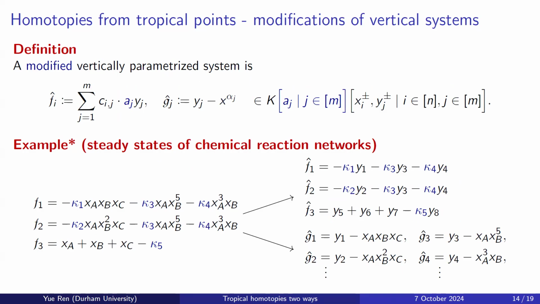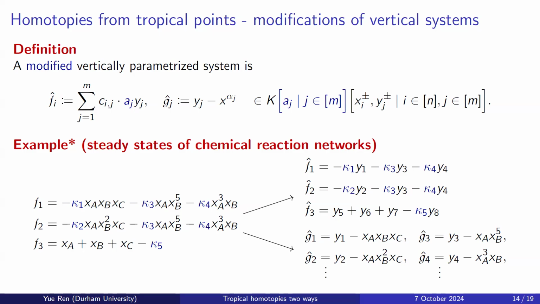You had your three original polynomials, but now instead of a monomial in x, you just have a simple linear y. And now I'm also beginning to home in on why I'm actually at this conference in the first place. So y1 is xa xb xc, y2 is xa xb squared xc, and so forth.